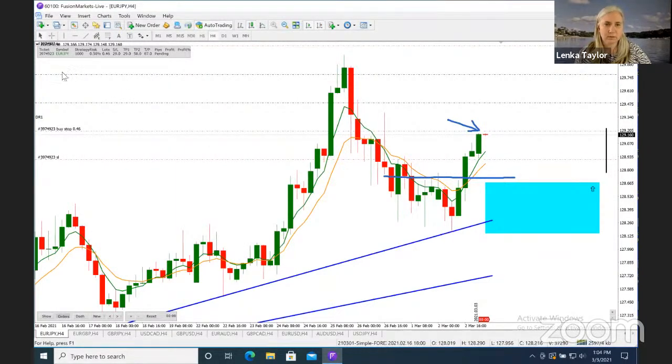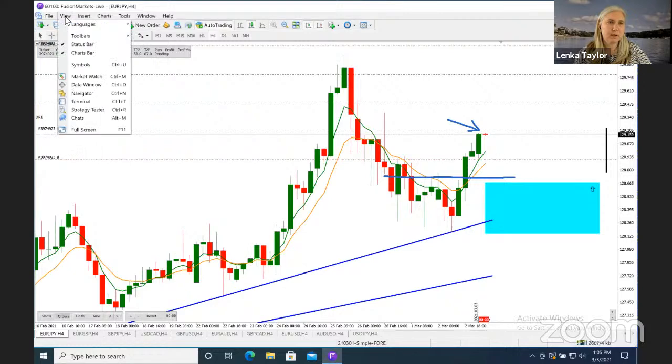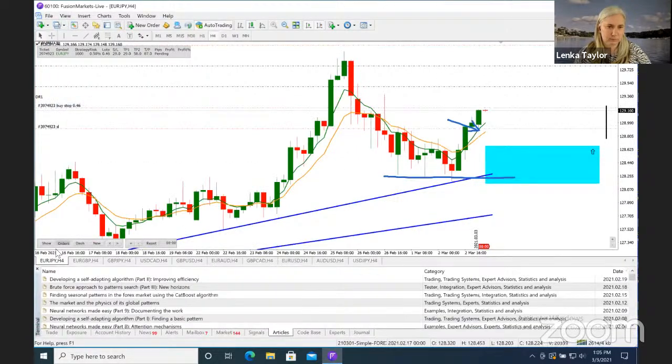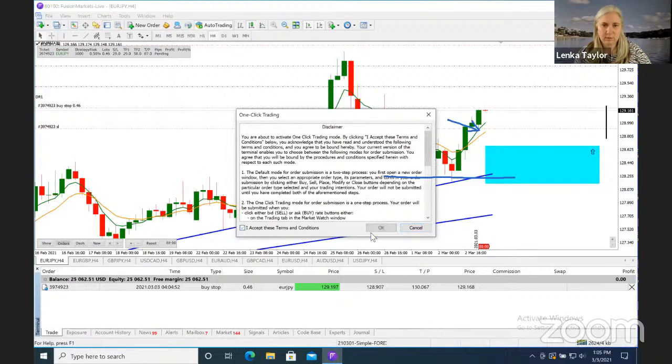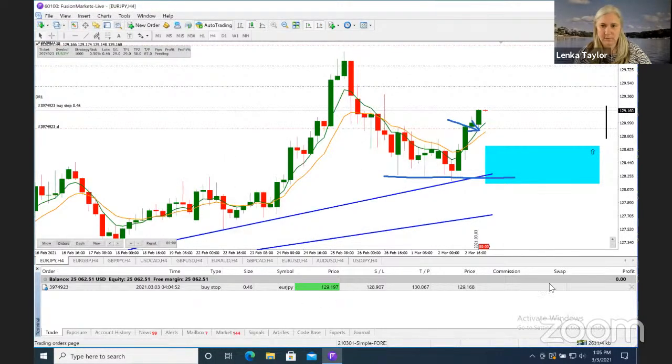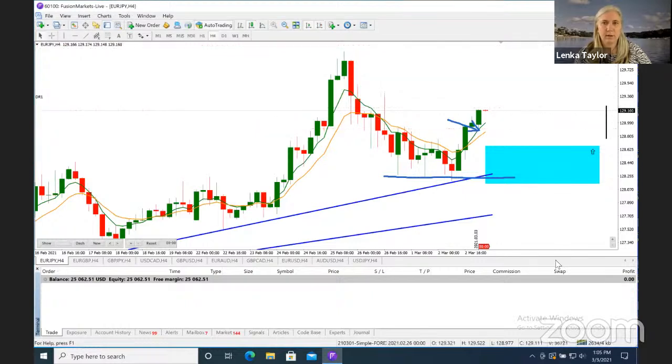That doesn't look good. Why is that? Okay, let me just remove that. The stop loss there is too close. I'm just going to close that. Okay, let me just do that again.